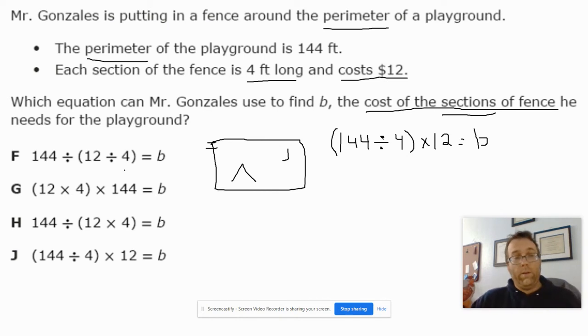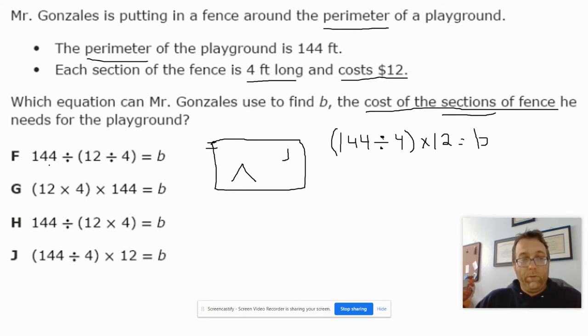So in these kind of problems, you're trying to see which equation would actually help you solve the problem. Knowing what each number represents helps. I know 144 is the total perimeter. I know 4 is one section apiece, or a fence. I know 12 is how much one section costs. Knowing that, you can use reasonableness to see if these over here make sense.